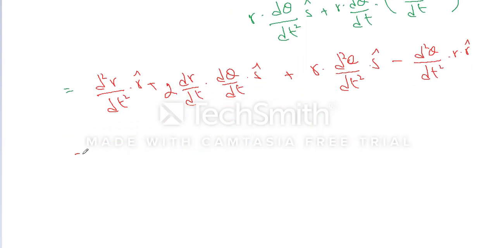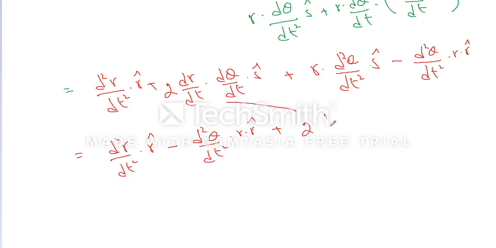Now we can write d²r/dt², then this last term here, minus r (dθ/dt)² into r unit vector, then this term here 2 dr/dt dθ/dt into s unit vector plus r d²θ/dt² s unit vector.